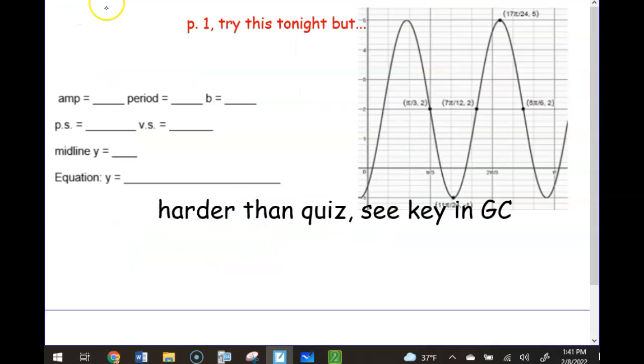All right, this is back on page 1. This one is very tricky. You can try it tonight. I think what makes it tricky is you have to subtract those to find the period. Is that 5/6 and 1/3, guys? 5/6 minus 1/3 would be 2/6, so you get 3/6, or pi over 2, is the period.